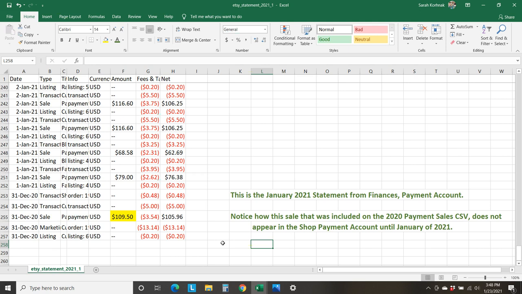We make our Etsy entry at the end of every month, and we would have used the December 2020 statement. And that 109.50 wouldn't have been there. It doesn't show up until January of 2021. So that's why we have a difference. That's our 109.50. It's the sale that's missing from our December statement that doesn't appear until our January statement.